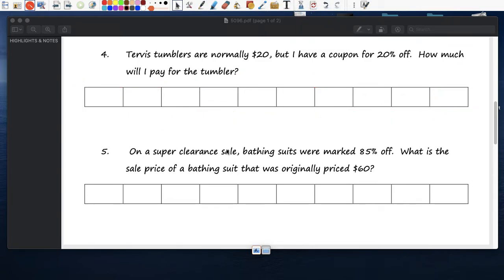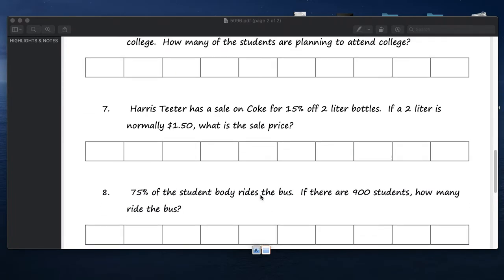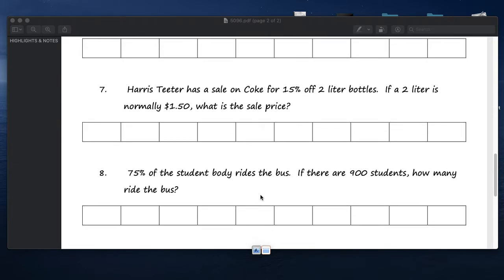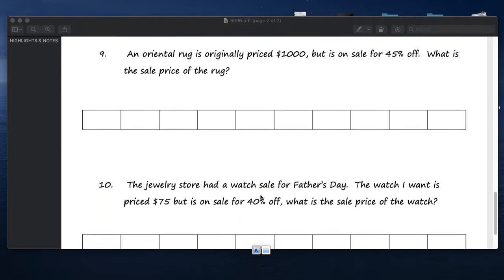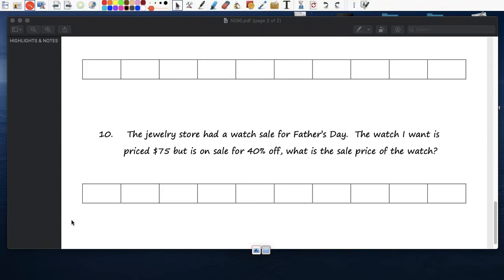Right, so I'm not going to do all of these. Let me move around. Let's do a discount one. At the jewelry store, you want to buy a watch for your dad, and you get 40% off because it's Father's Day.